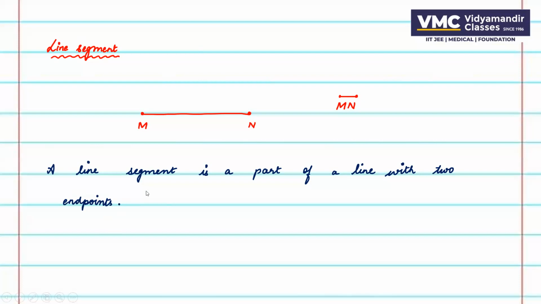Next, we come to a ray. A ray is also a part of a line, but one point is fixed here. If I take one point as fixed and a never-ending point on the other side, then it becomes a ray.